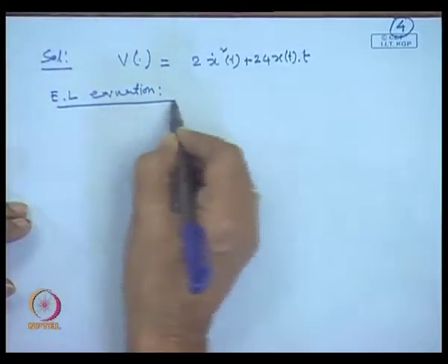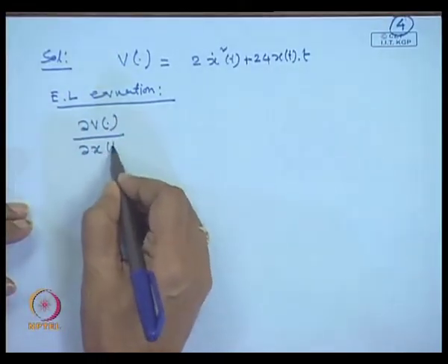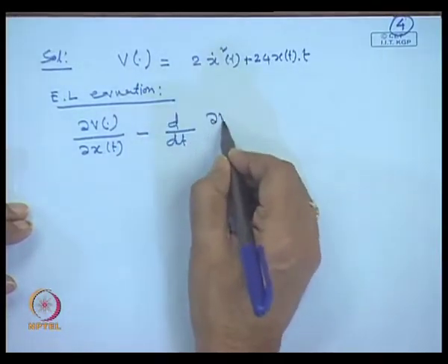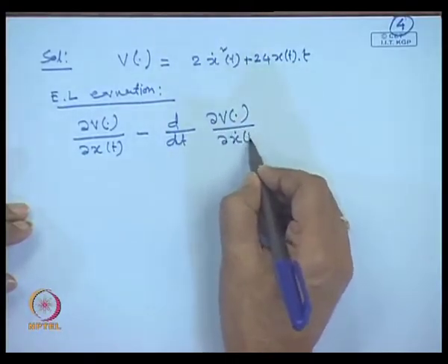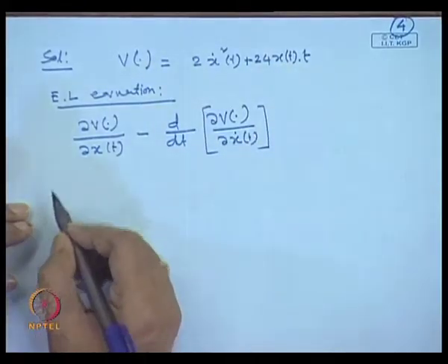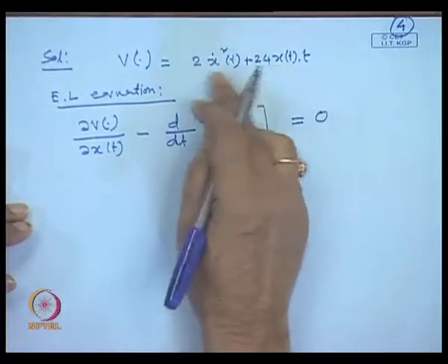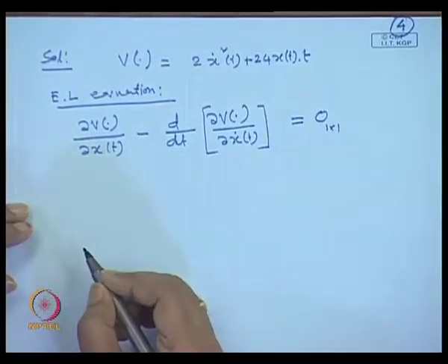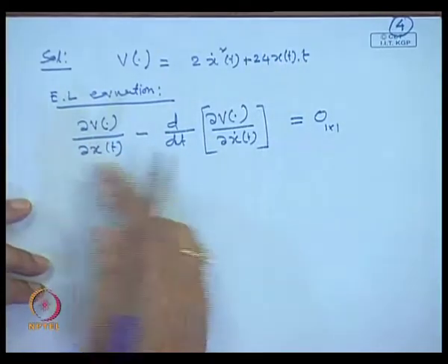If you recollect, the Euler's equation is del V by del x of t minus the differentiation of del V with respect to x dot, del x dot of t, then this is equal to 0. Since x is of dimension 1, this will be 1 cross 1, agree. So, I will just put the value of V and differentiate with respect to x, that is our next problem.